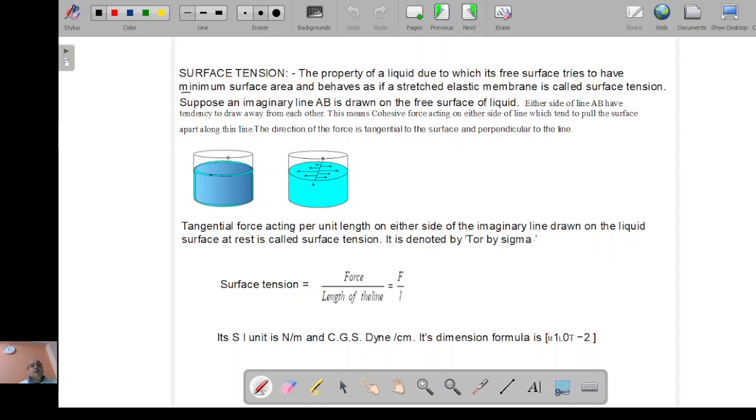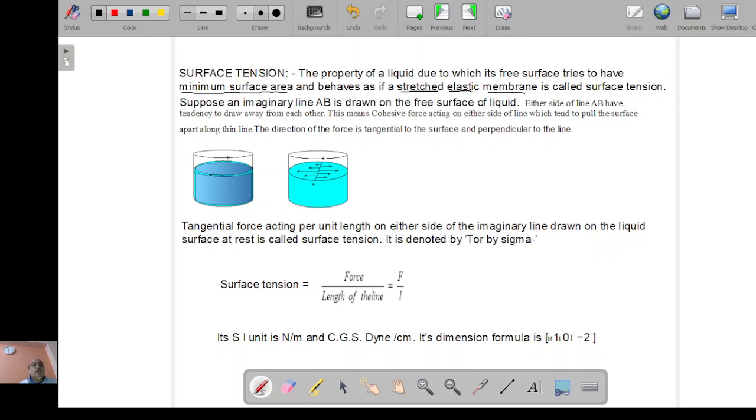The surface of the liquid tries to make a minimum surface area and behaves as if it is a stressed elastic membrane. This property of developing a minimum surface area like a stressed elastic membrane is called surface tension.